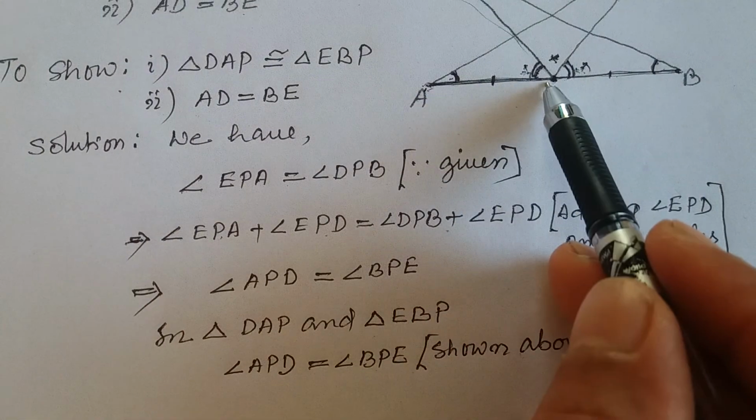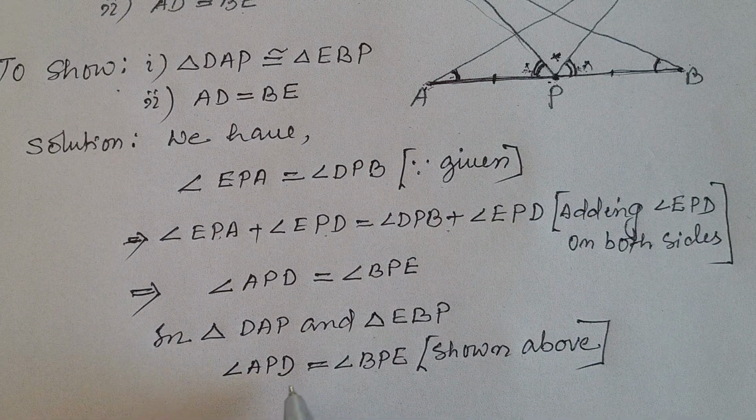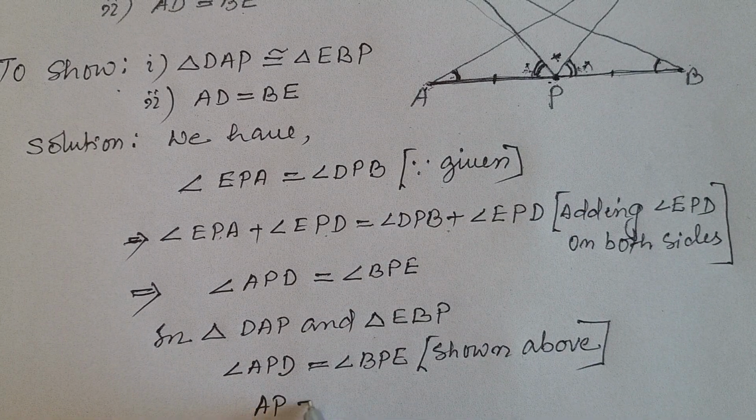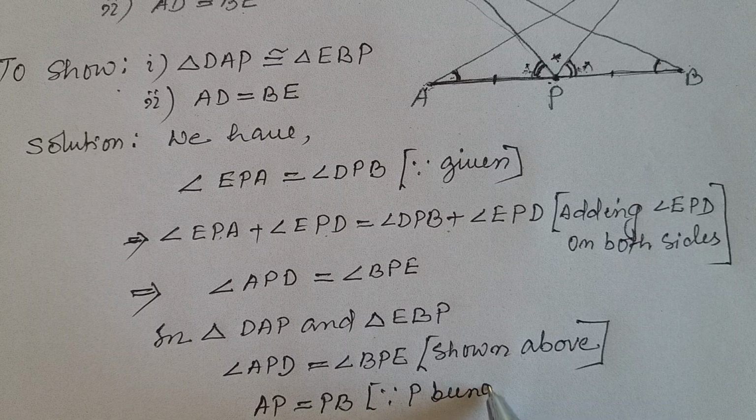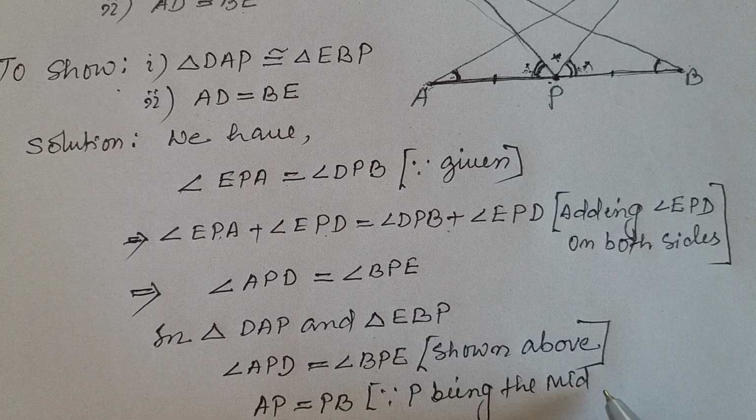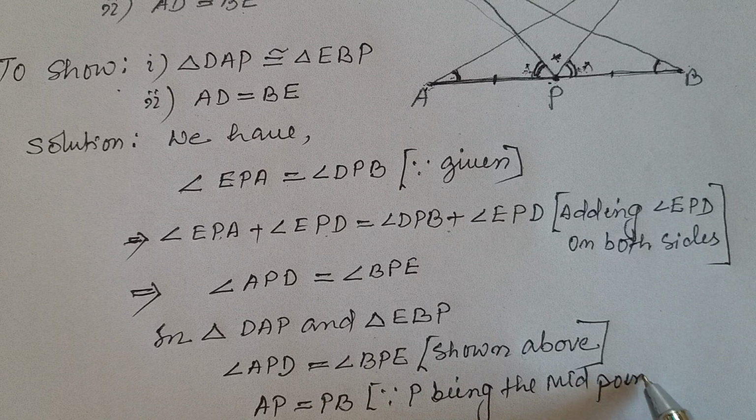And then AP is equal to PB, B being the midpoint of AB.